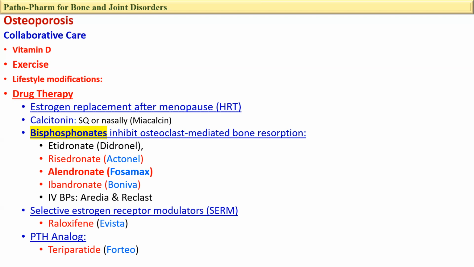It's called hormone replacement therapy, like estrogen and progesterone therapy, for postmenopausal women. This estrogen replacement therapy after menopause is no longer given as the primary treatment to prevent osteoporosis. In the past, back in the 80s or 90s, the Women's Health Initiative came to discuss this proposal.